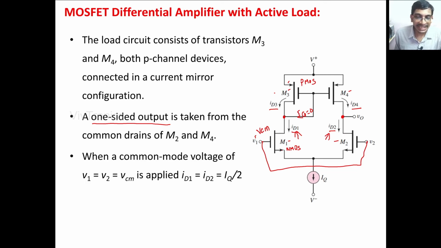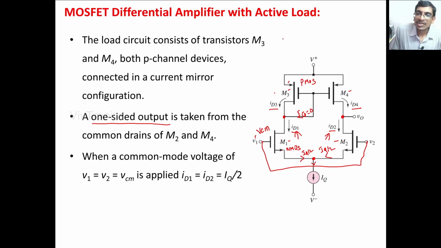Therefore, we can say that ID1 is equal to ID2, and the source currents of transistors M1 and M2 are IQ by 2 and IQ by 2. Here M1 is equal to M2, which means both are identical transistors. Therefore, the source currents are equal, and they get added to form the IQ current.